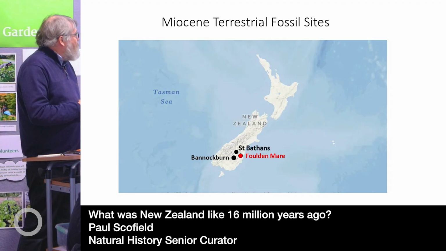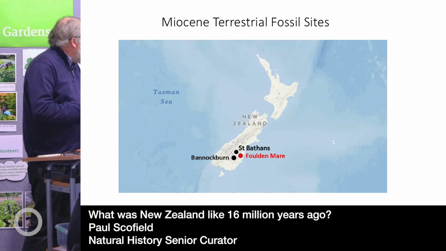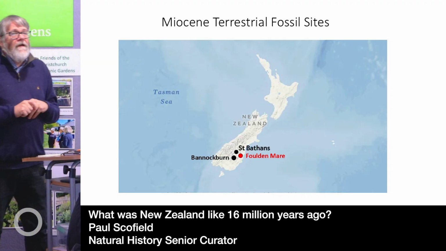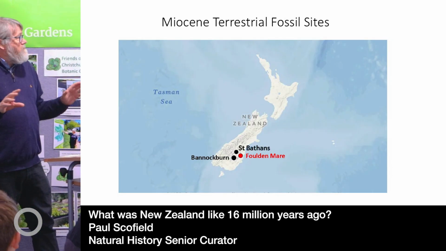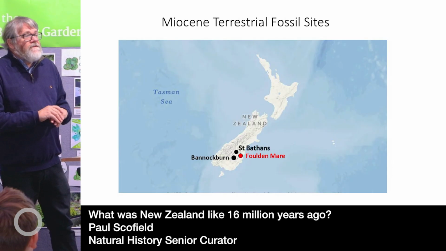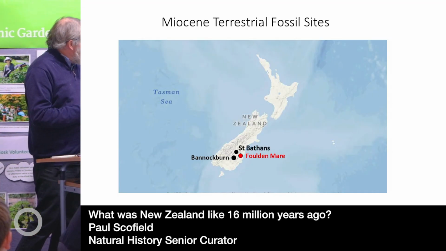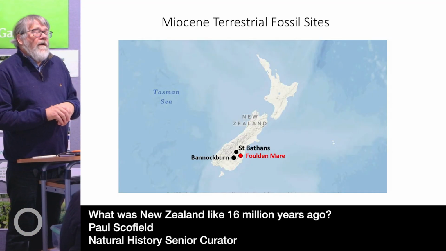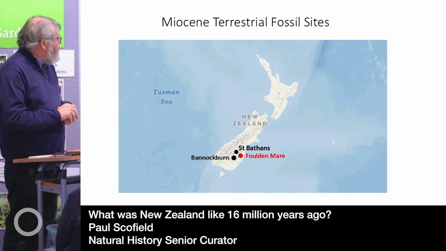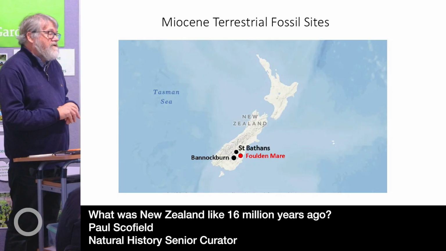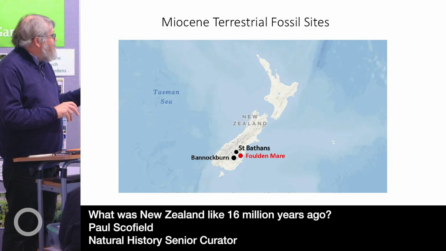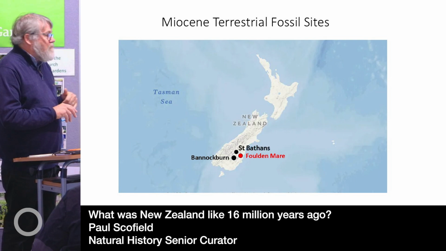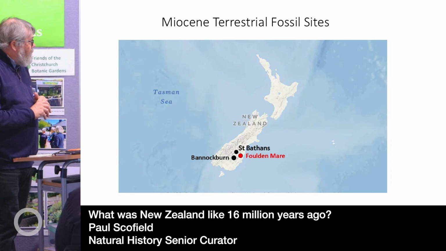So the St Bathans fauna is in a geological sediment known as the Dunstan Formation, which extends all the way from the Waitaki right down to just south of Queenstown, and it is particularly well exposed at St Bathans and also at Bannockburn.